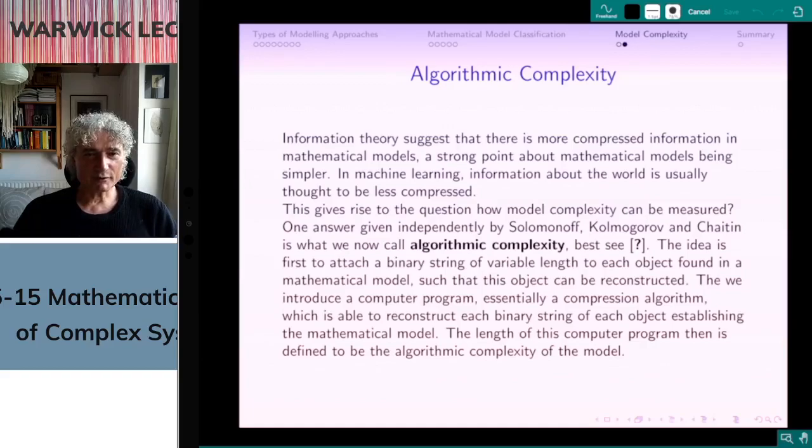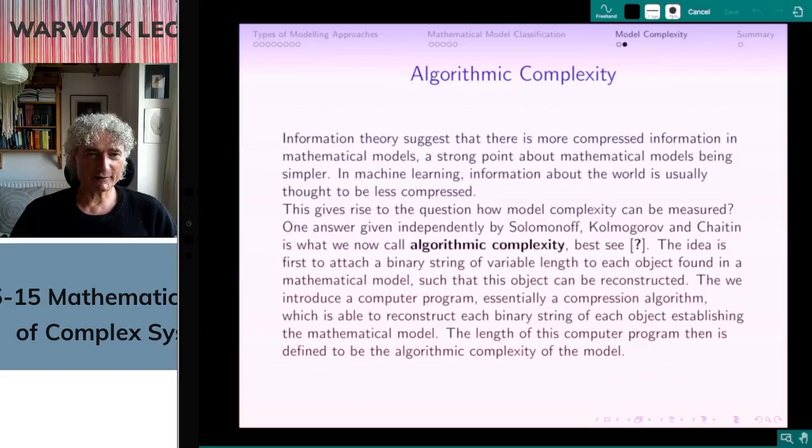But one thing you can, for example, discuss is algorithmic complexity, which is mostly related to Kolmogorov, who introduced this concept in the 1960s. It is a little bit like this: you look at the mathematical model, and you attach information to each of the ingredients of the model.